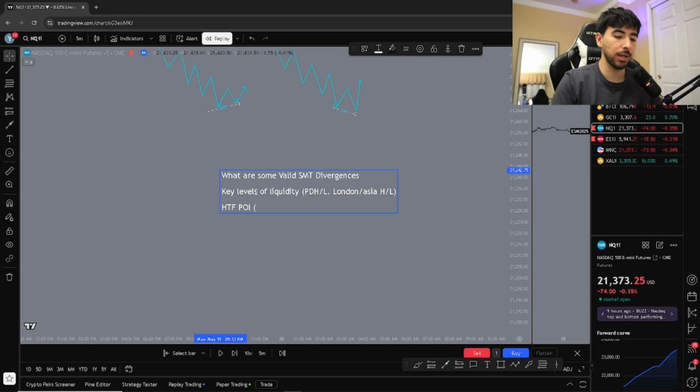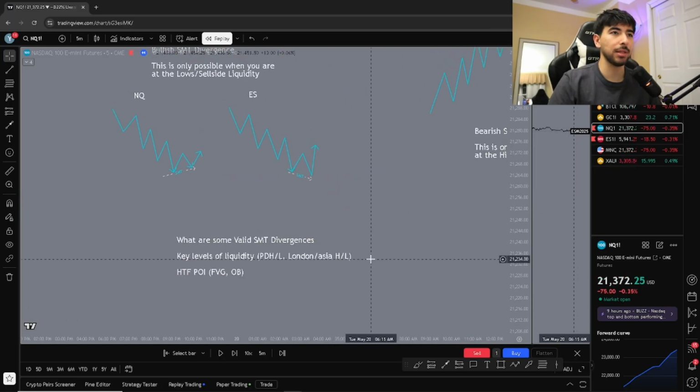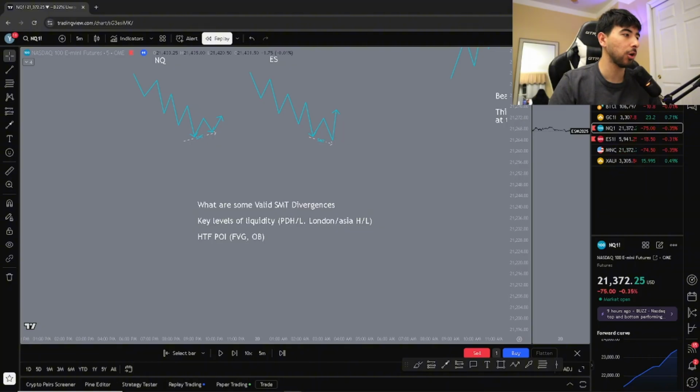So what is a POI? Like a fair value gap, maybe an order block. I don't trade order blocks, but at these higher time frame levels. All right, so you only want to find valid SMT divergences at these levels, right? At maybe a previous day high slash low, or in a higher time frame point of interest, like a fair value gap, right?